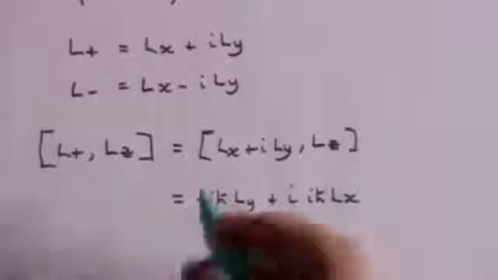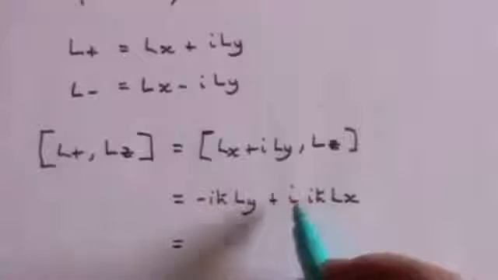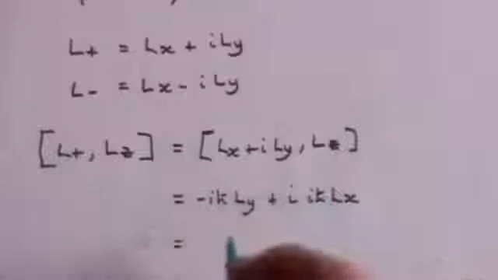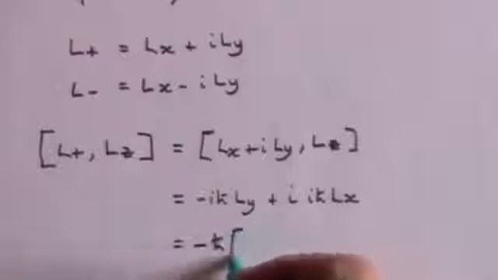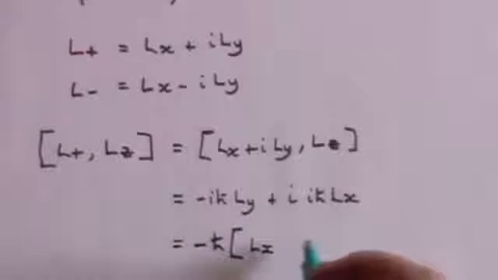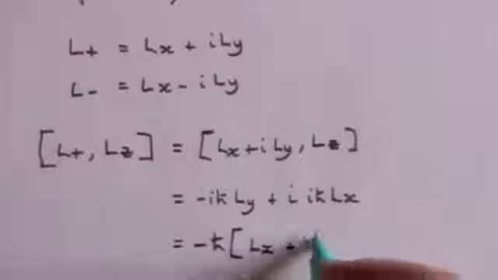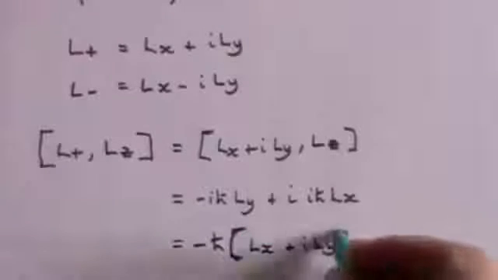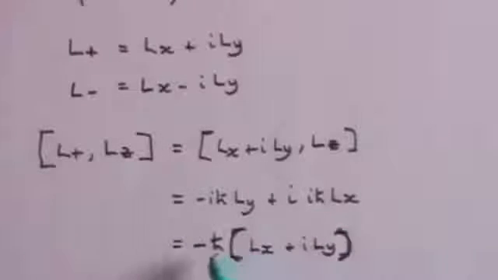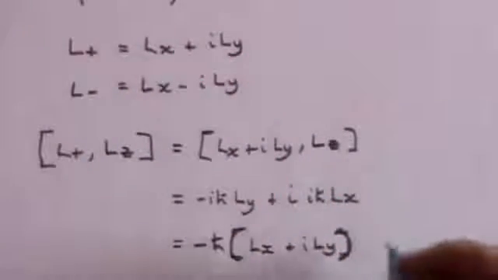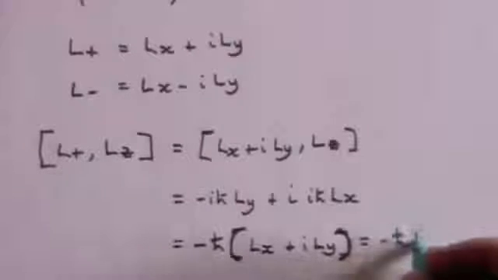These two i's multiplied together give me a minus 1, so I've got two minuses. I can bring the minus and the ħ to the outside. From here I'm left with Lx, and from here plus iLy. Those should just be round brackets, not a commutator. So I've got minus ħ times (Lx plus iLy), but Lx plus iLy is L plus. So that equals minus ħ L plus.